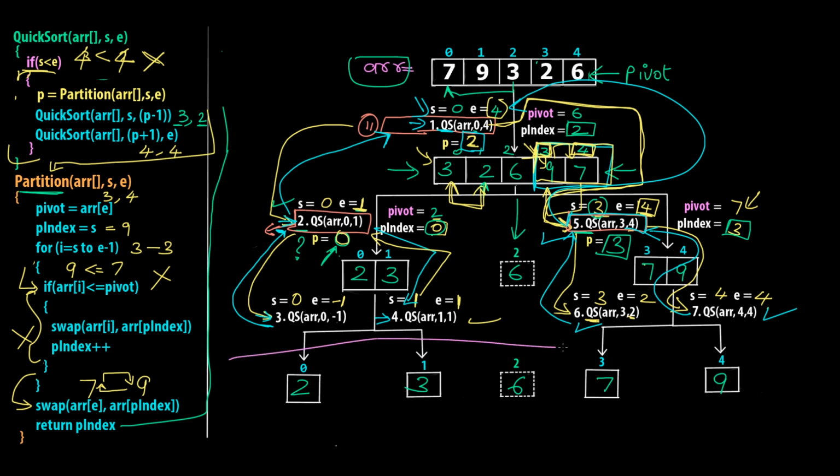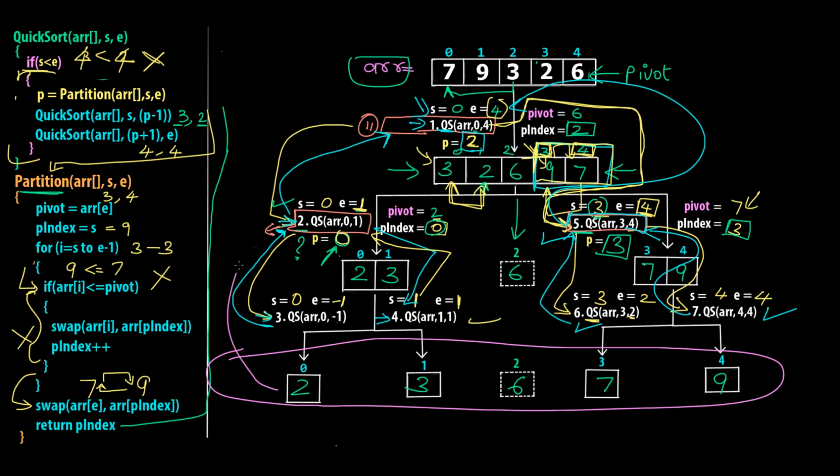If you observe these values, 2, 3, 6, 7, 9 are in a sorted way. And this is the same array that we had, ARR only. I have just added space in between, but ultimately this is going to be 2, 3, 6, 7 and 9.